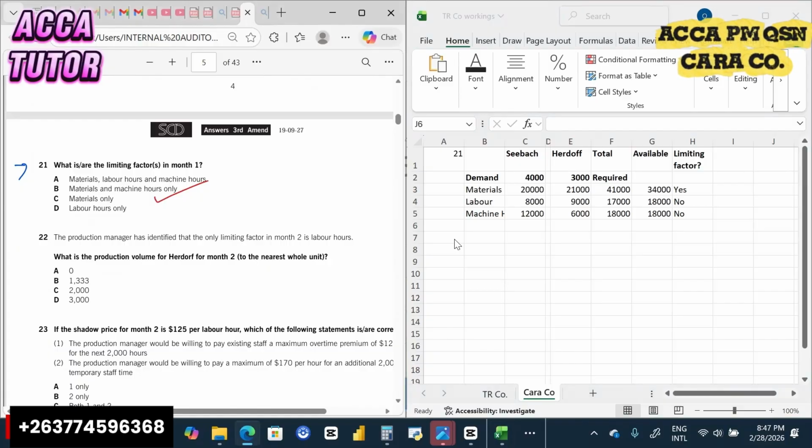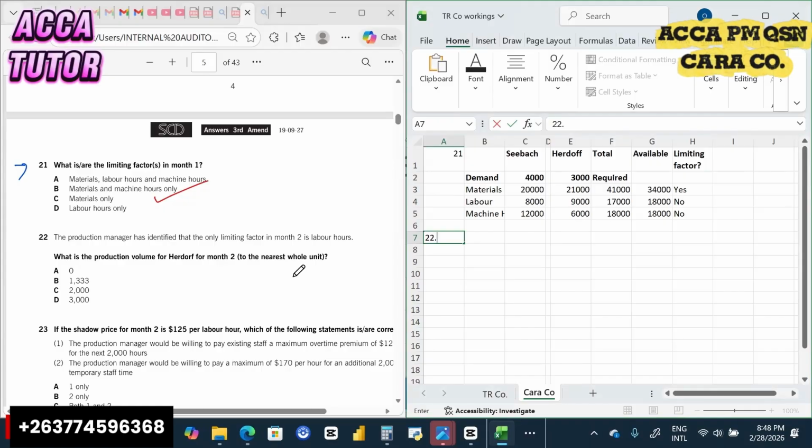Okay, let's move on to number 22. Question 22. The production manager has identified that the only limiting factor in month 2 is labor hours. What is the production volume for head off for month 2?